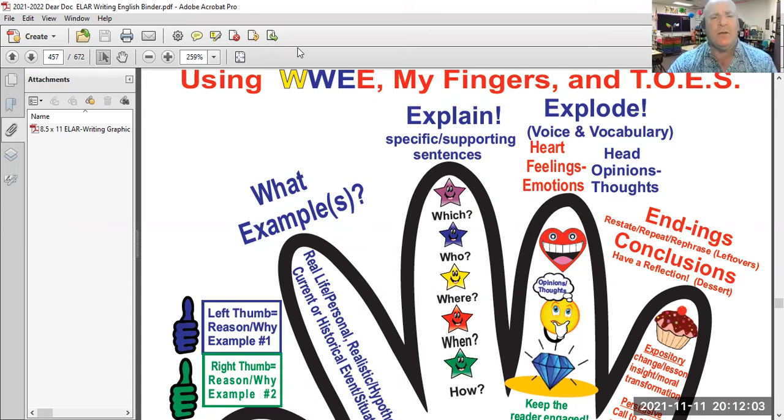If you look here, all of these little stars, if you want to be a star student and get 3s, which don't happen very often in Texas, then tell me a little bit about who, and where, and when, and how. And that's what we want to do to get to 80 to 89, a B quality paper. And so if you're going to give me 2 examples, then I need you to explain both of them.